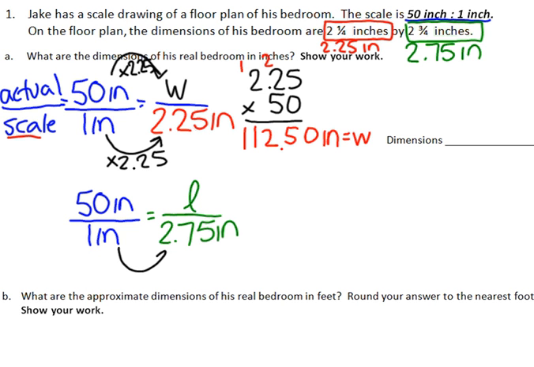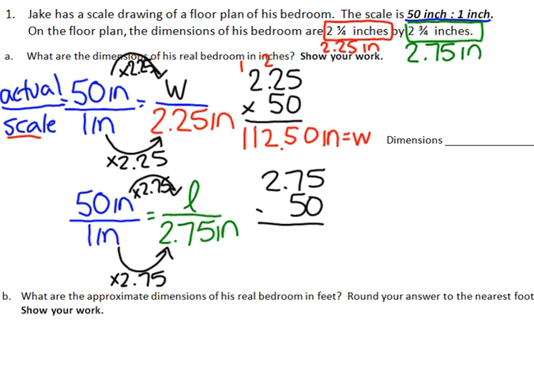Then I can use my scale factor of 2.75 and multiply on top and bottom by the same number. So we can set up our multiplication, 2.75 multiplied by 50. This time I get 137.5 inches, and that's going to represent the length.